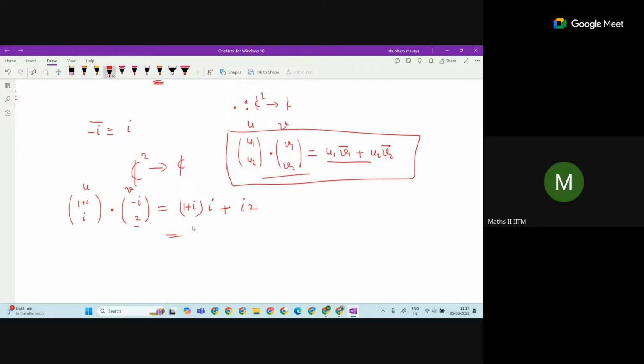So here it is going to be i plus i squared, which is minus 1, plus 2i. So this is 3i minus 1. I think someone got this answer also. So the answer is 3i minus 1. Okay.